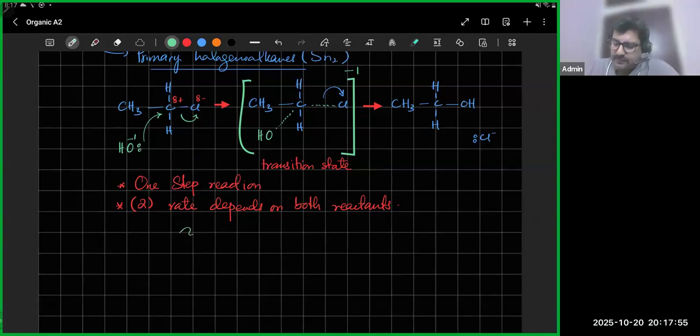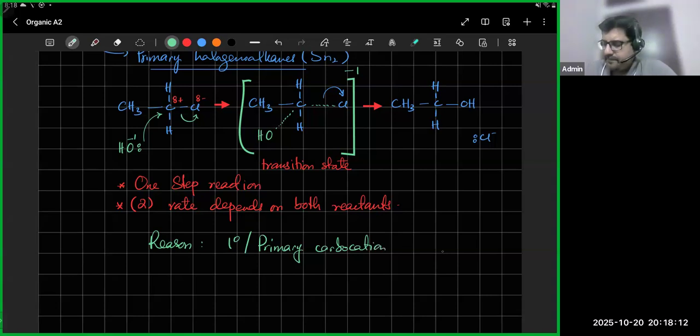So you will write, why SN2? The reason for the mechanism is that a 1 degree or primary carbocation is hard to form, and it is very unstable. Why?